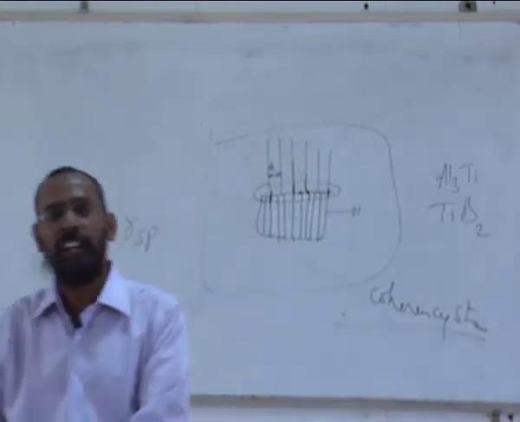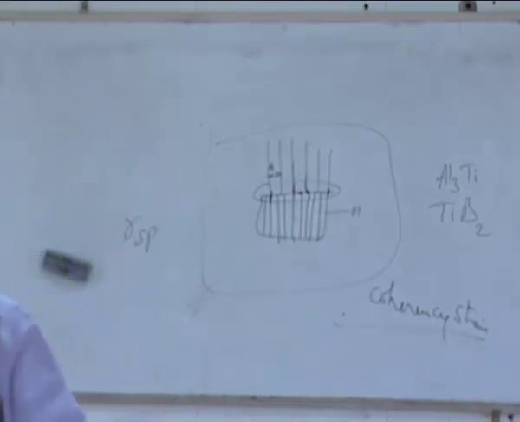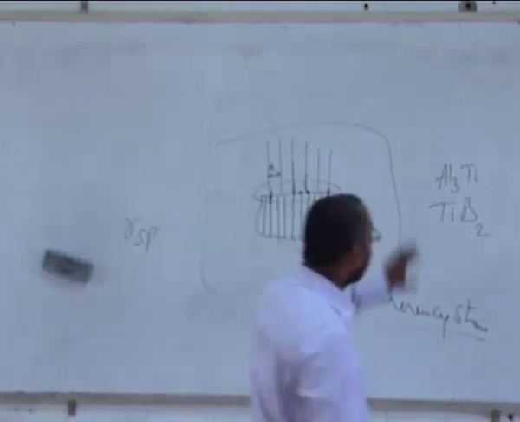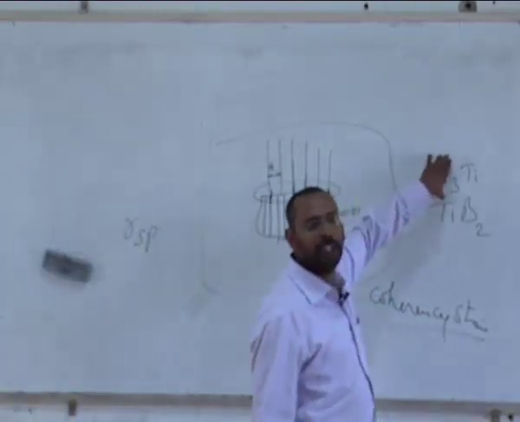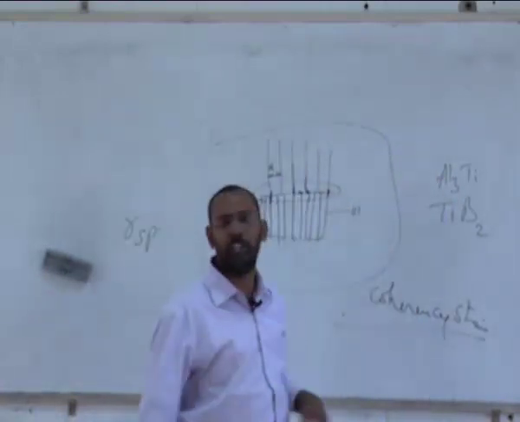Al3Ti is actually tetragonal in structure, but it is so close to cubic, it almost behaves like a cubic structure, because the c/a ratio is very, very small, and as a result this particle has some similarity in the structure when compared to the aluminum that is nucleating.